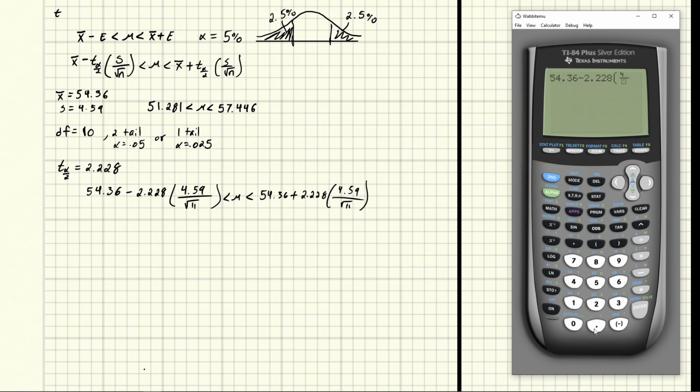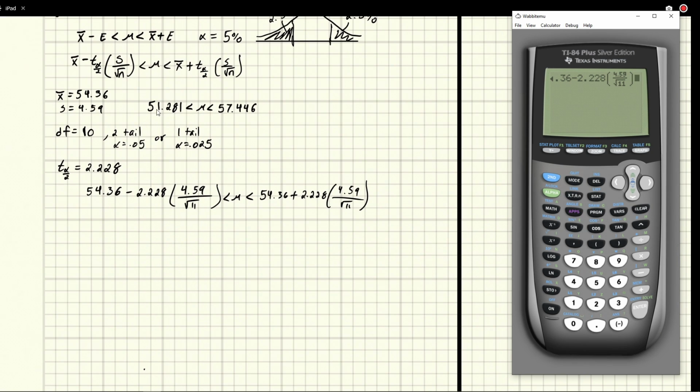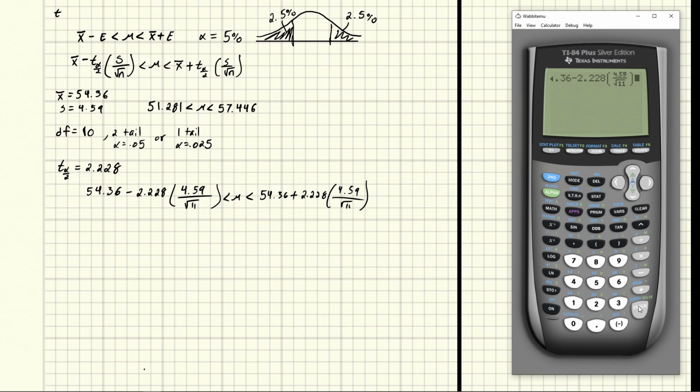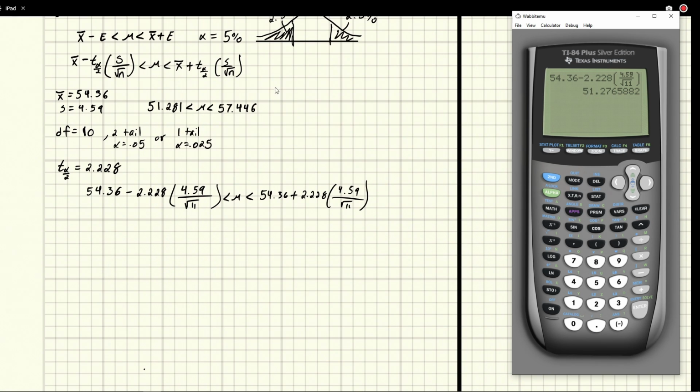And now we do 4.59, and square root key is right here in blue. So we hit the blue key, color coded, and the square root of 11. And then we close off our parenthesis, and this is going to be the lower interval, which we expect to be 51.281. We hit enter, and we get 51 point, and then we've got some differences in rounding.